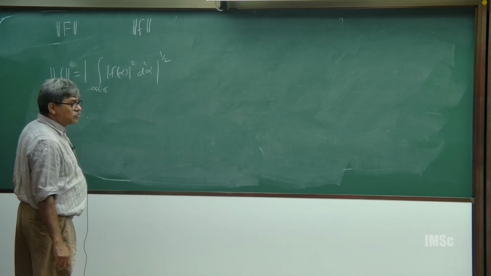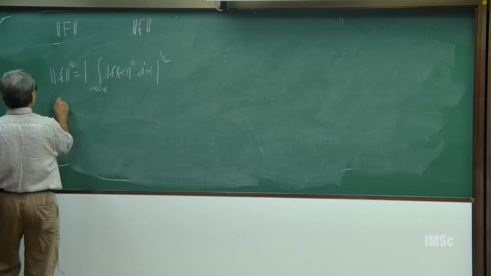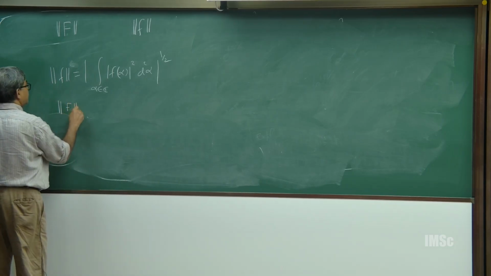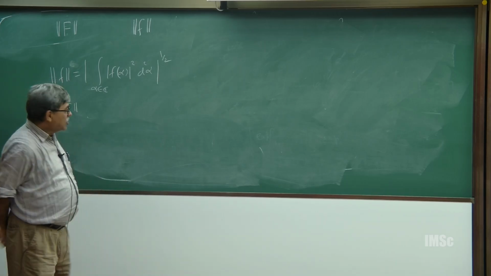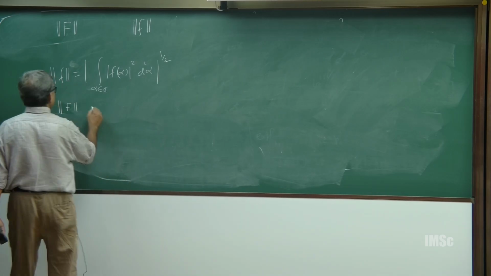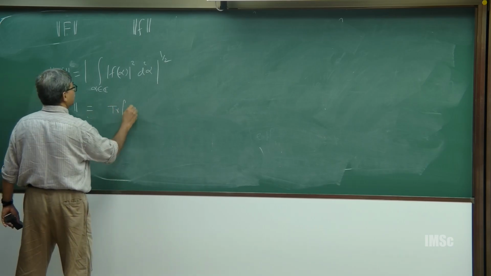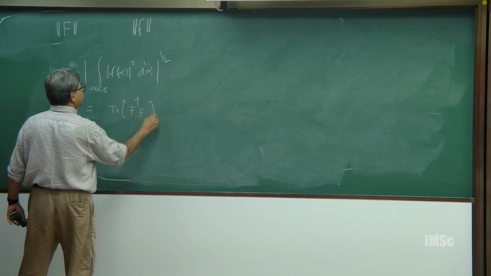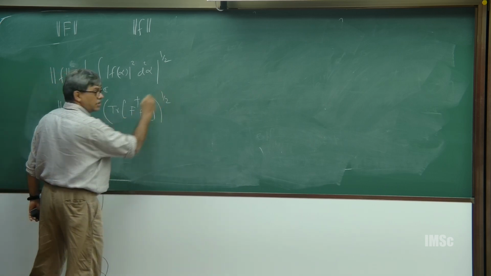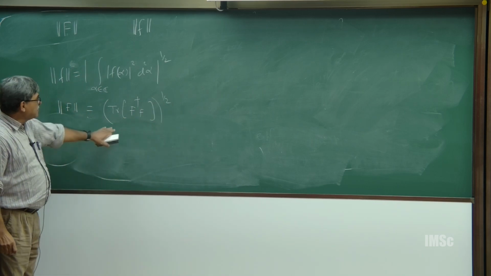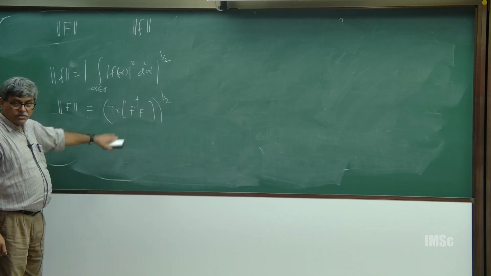And what you can prove, and what about the norm of this operator? This operator norm is trace of f dagger f, then to the power half. So this is the Hilbert-Schmidt norm. Okay.